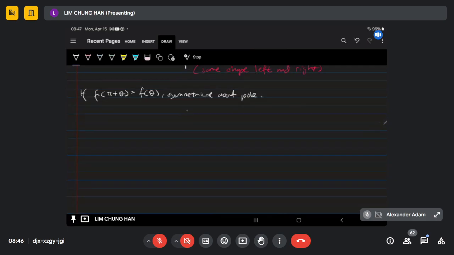So where is the pole? This is the pole, the center point, the middle of the crosshair. If your function fulfills this rule, it's symmetrical about the pole. So whatever shape you have in any quadrant will be repeated in the second quadrant, third quadrant, fourth quadrant.